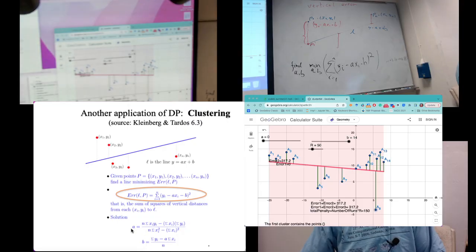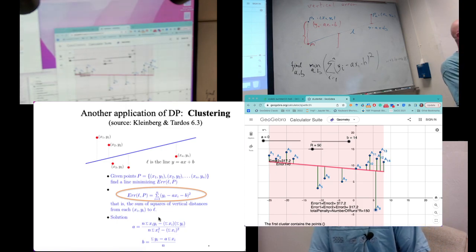To find this line, you use the following formula. A is the sum of xi times yi, minus the sum of only the xi times the sum of only the yi, and so on. You don't need to memorize this formula. Just remember that it exists, and notice that we can compute it in linear time.